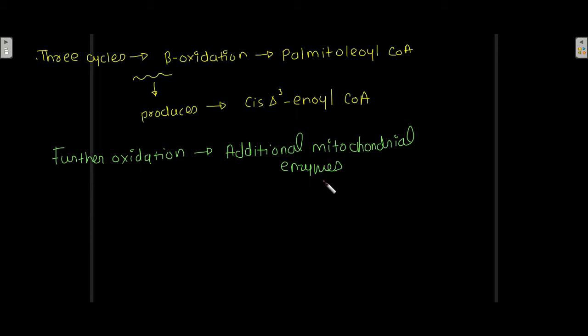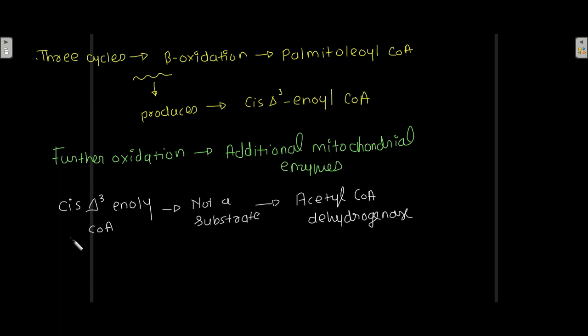This cis delta 3 enoyl coenzyme A is not a substrate for acyl coenzyme A dehydrogenase. This enzyme cannot act on cis delta 3 enoyl coenzyme A.